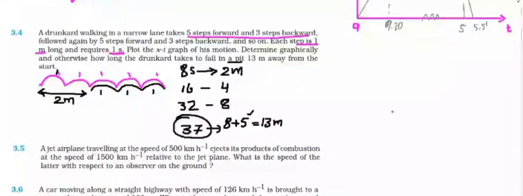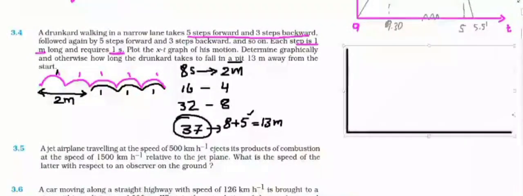Now, if you draw an x-t graph there, the graph can be drawn like this, with time and position. So what happens initially?